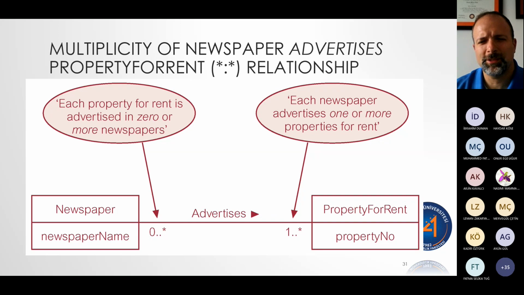No, it doesn't seem reasonable. But we put this structural constraint here. We put this requirement that if a newspaper exists in our database, we must have them advertising a property for rent. Remember, we are designing a system with boundaries. We're not designing every newspaper in the world.